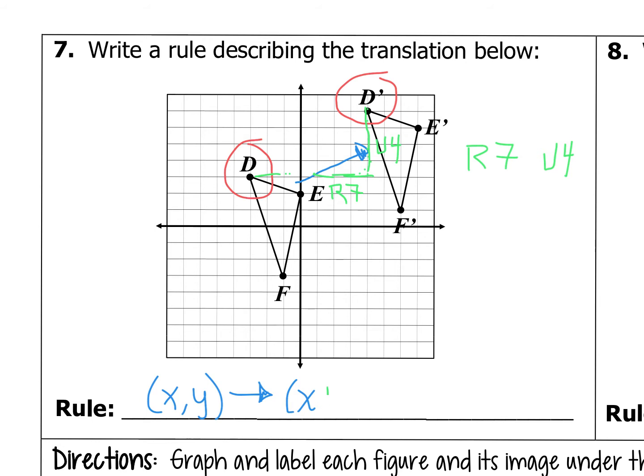So I'm going to do a plus 7, and then comma, because it's an ordered pair, then you're going to take every y value, and because it's up, we're going to do a plus 4. If it were down, we'd do a minus 4. So plus 4, and then in parentheses.